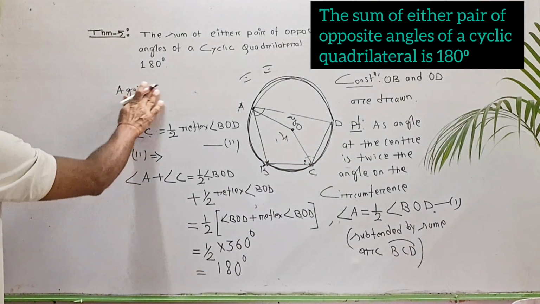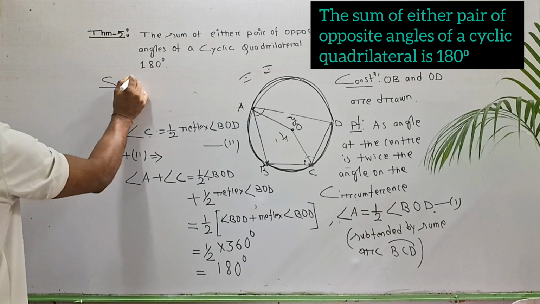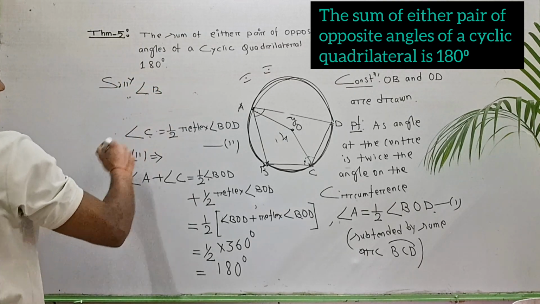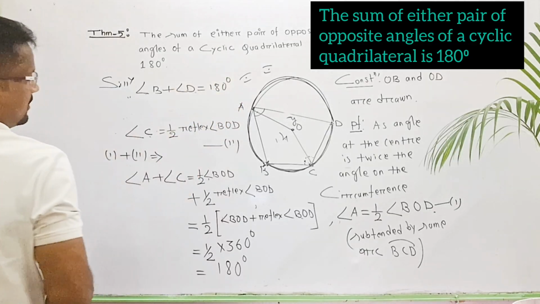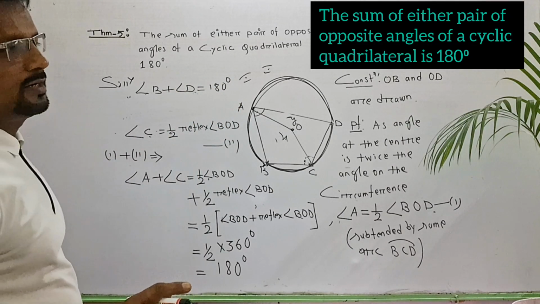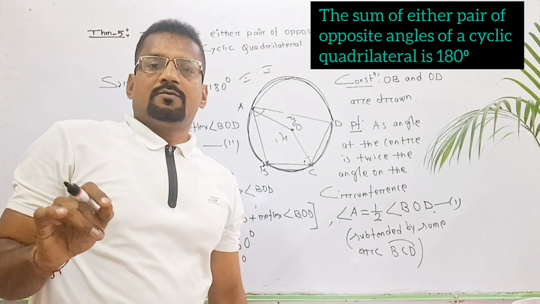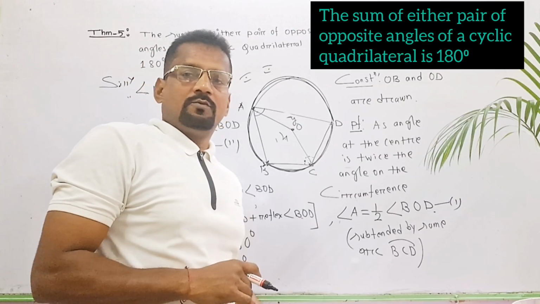So you can simply write similarly angle B plus angle D equals 180 degrees. Thus opposite angles in a cyclic quadrilateral are supplementary, we proved it.